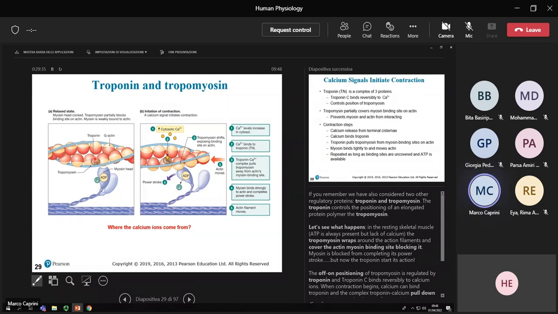The troponin's role is to control the positioning of an elongated protein polymer such as the tropomyosin.